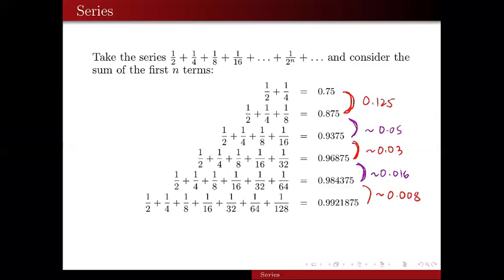So from the first two terms to the first three terms, you have a difference between the two sums. Then from the first three terms to the first four terms, the difference is smaller compared to the previous one.